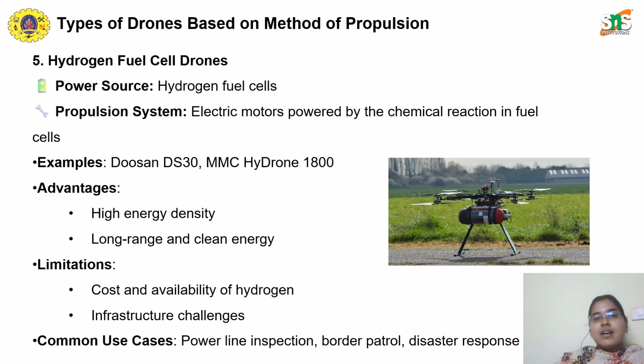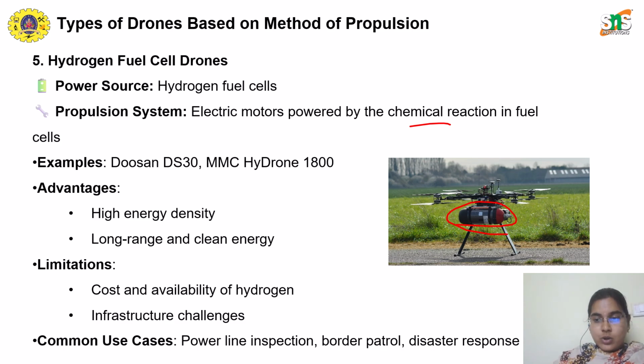So next comes our hydrogen fuel cell. Yes, we missed one, right? The hydrogen fuel cell drone uses electric motors powered by the chemical reaction in the fuel cells. The Dushan DS30 and MMC Hydron 1800 are some examples. You can see they have the fuel cell, and with the chemical reaction they produce power. Advantages are high energy density, long range and clean energy.